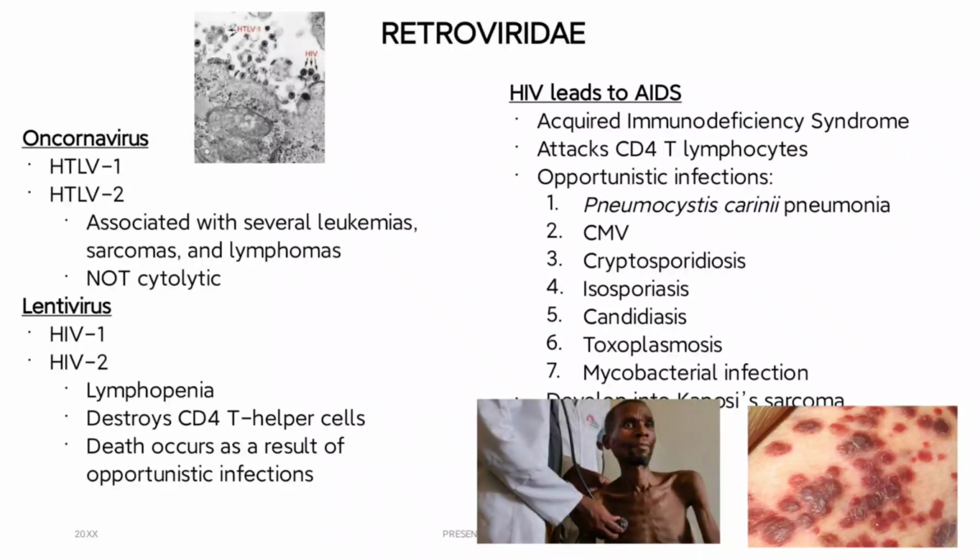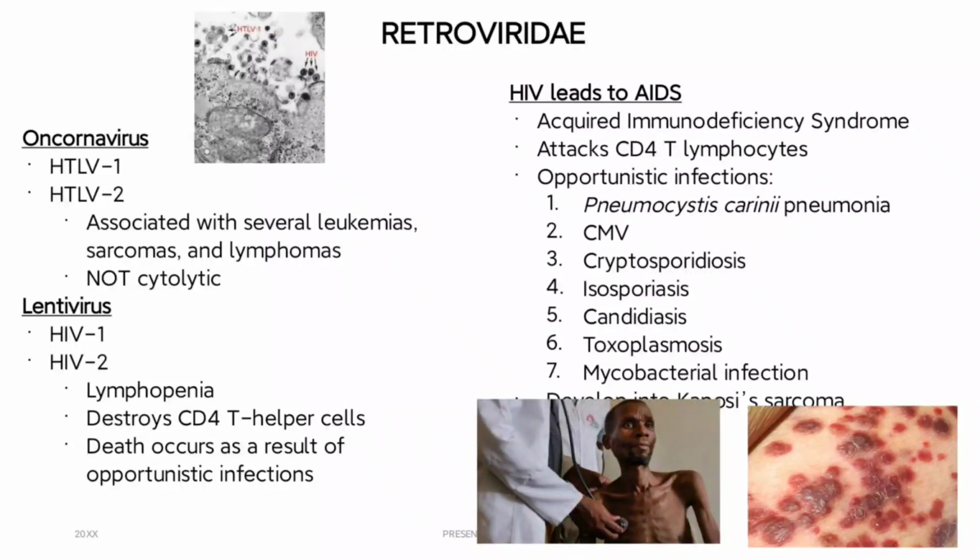So, death occurs as a result of opportunistic infections. So, the infection you acquire is secondary. So, what kills you is not directly the human immunodeficiency virus. No. What kills you is what comes after the HIV, no?